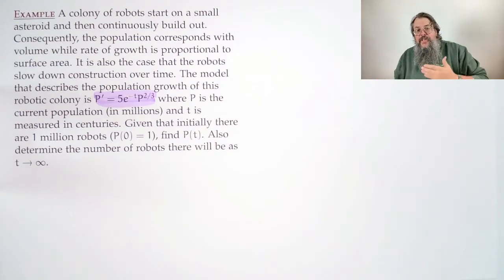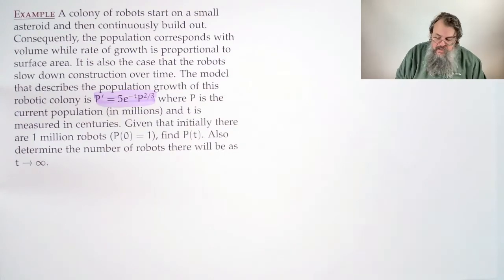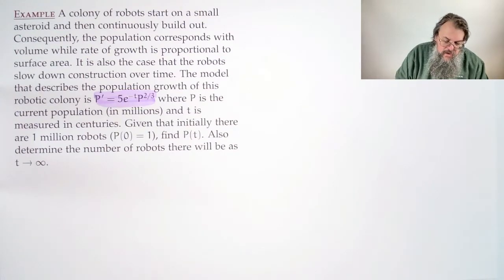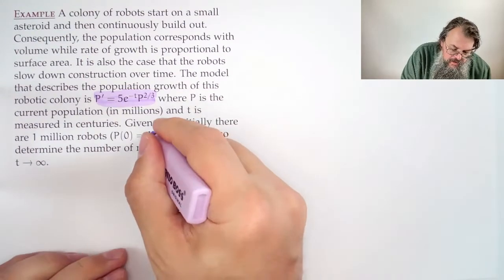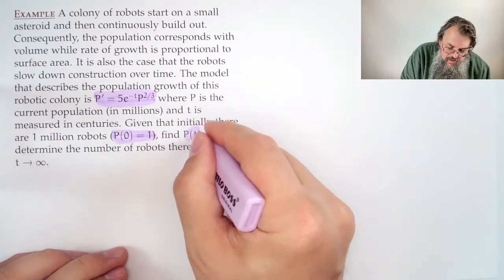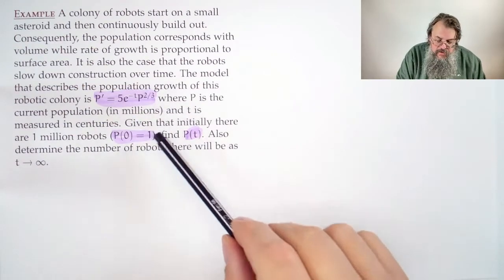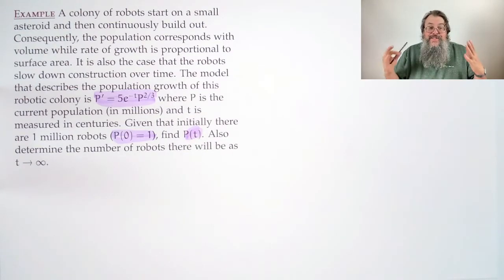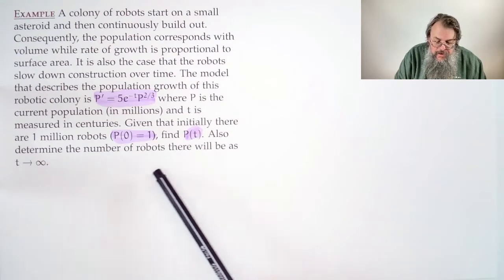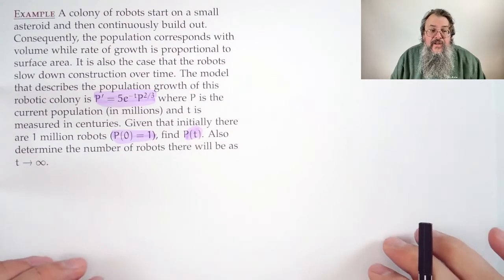Given that initially there are 1 million robots, so we get P of 0 equals 1, and it says find P of t. Okay, so even if we don't understand everything, or even if we don't pay attention, if we just grab these three pieces, we know what to do. Then, of course, there's this last sentence, also determine the number of robots there will be as t goes to infinity.